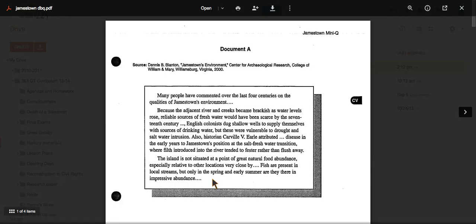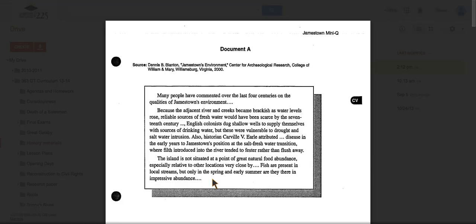Then the next question you ask is, is it a primary or secondary source? And the way to figure that out is to look at the date in which it was published. In this case, the year 2000. And we know that the Jamestown colony was founded in 1607 and survived through the 17th century and became what is now Williamsburg, Virginia.